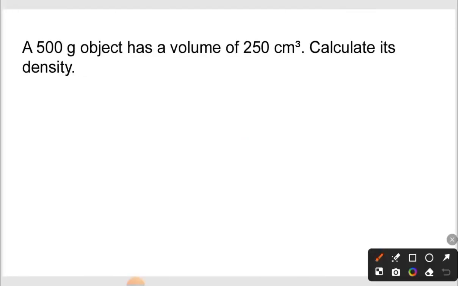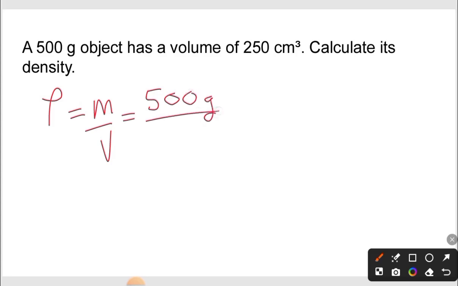Alright. So we already stated the formula for density. We said density, this is a symbol for density, equals mass over volume. Now, the mass was given to you in grams. So 500 grams over the volume, 250 centimeter cube.